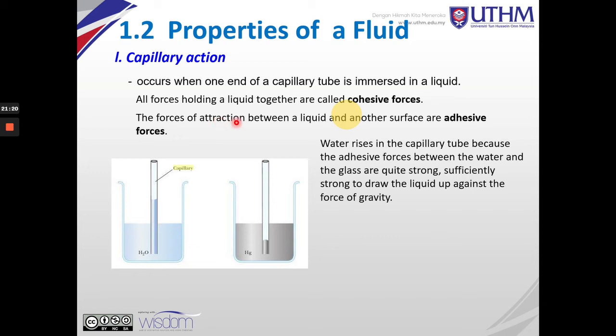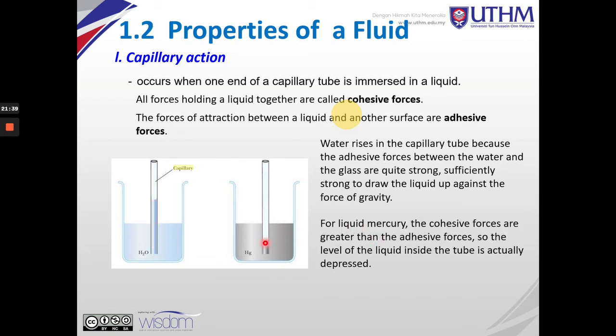The forces of attraction between a liquid and another surface are adhesive forces. Water rises in a capillary tube because the adhesive force between the water and glass is quite strong, sufficiently strong to draw the liquid up against the force of gravity. For a liquid like mercury, the cohesive forces are greater than the adhesive forces, so the level of the liquid inside the tube is actually depressed.